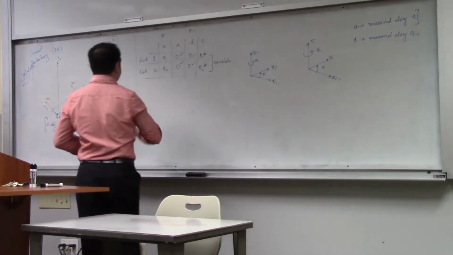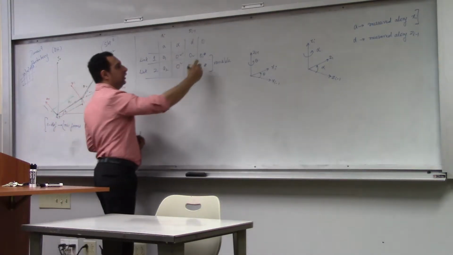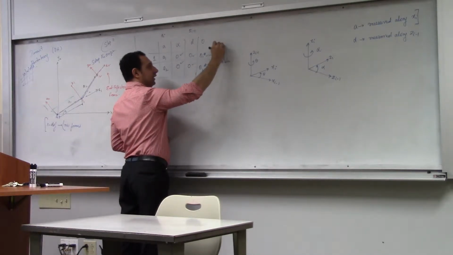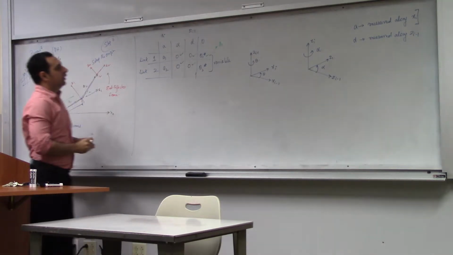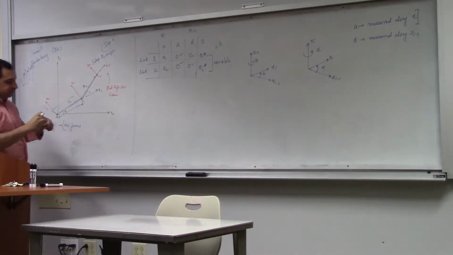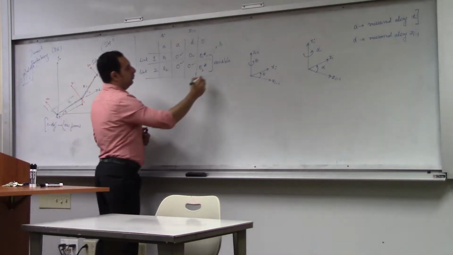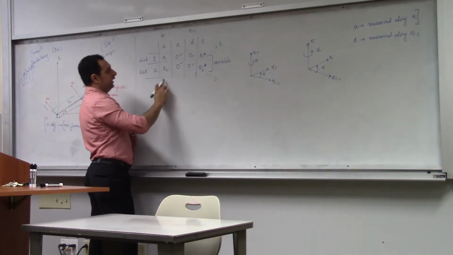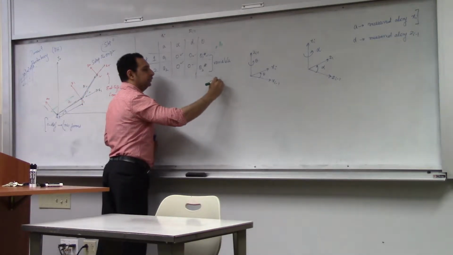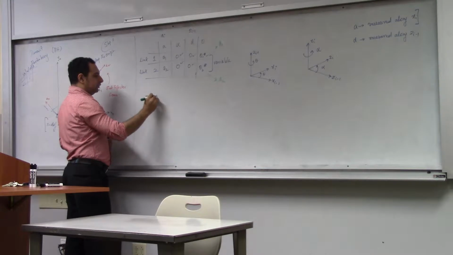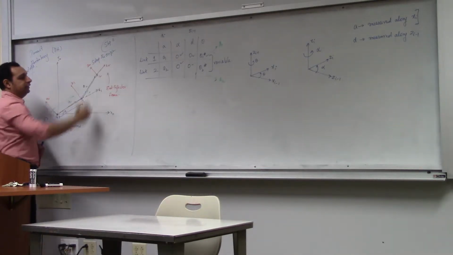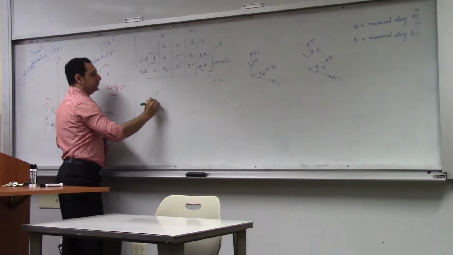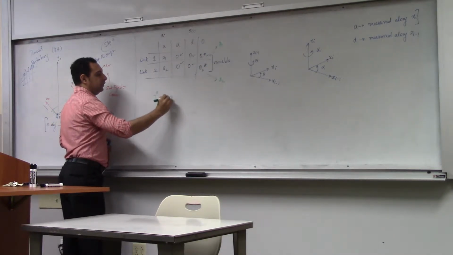Now, based on this, we will construct a transform. We'll call this A1, and I'll talk about this in the next class. I don't want to confuse starting transforms. Let's be very certain about the DH table, and we'll build another transform called A2. The total link transform, that means anything that goes from here all the way till here, can be represented as T02, which will be equal to A1 A2.